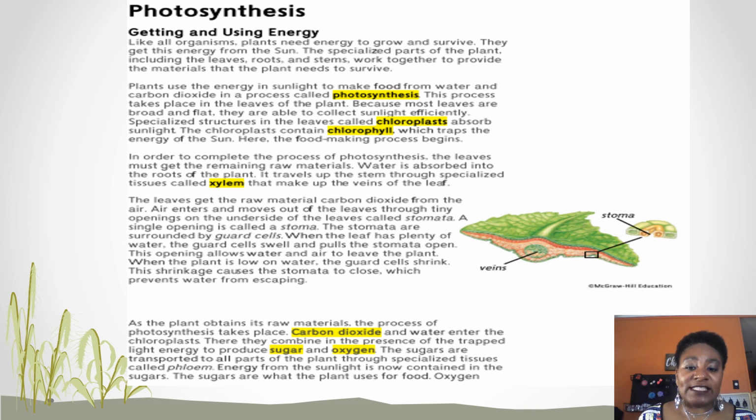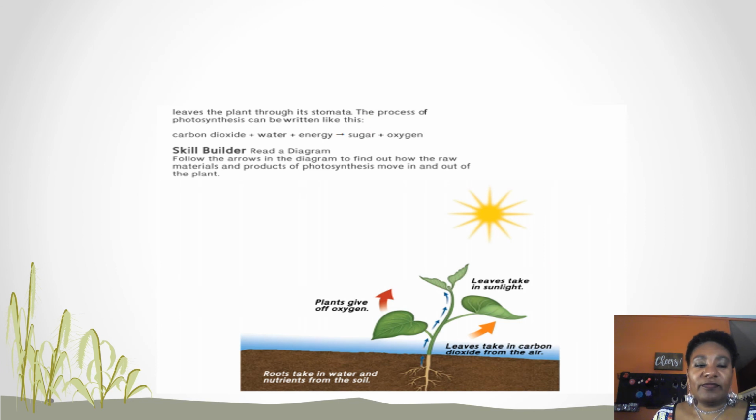Energy from the sunlight is now contained in the sugars. The sugars are what the plant uses for food. Oxygen leaves the plant through its stomata. The process of photosynthesis can be written like this: carbon dioxide plus water plus energy yields sugar plus oxygen.